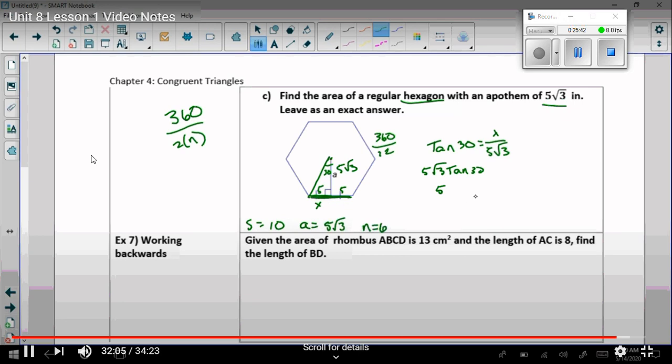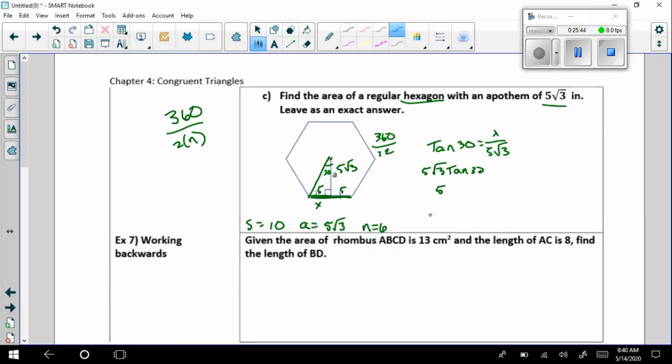The apothem is 5 root 3. That was given. N is 6, also given. So we can plug all of this into our formula: 1/2 times 5 root 3 times 10 times 6. This one we can leave as an exact answer.